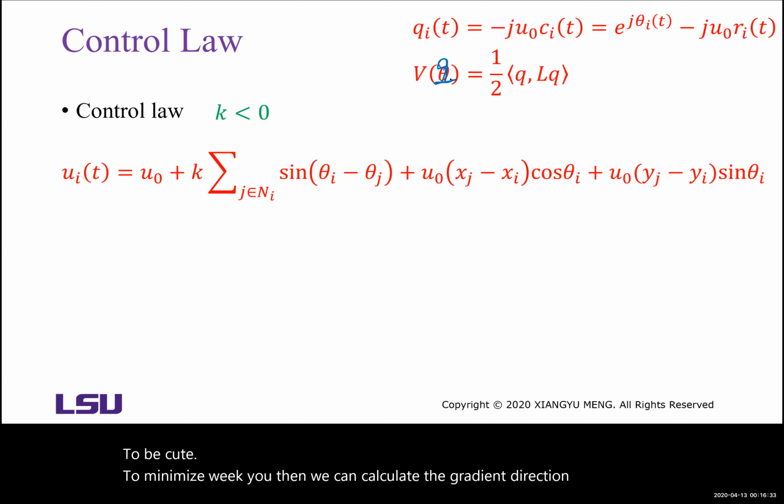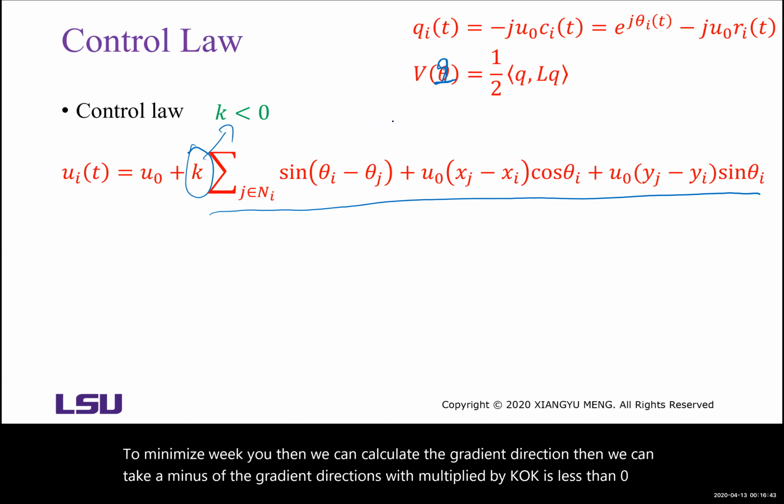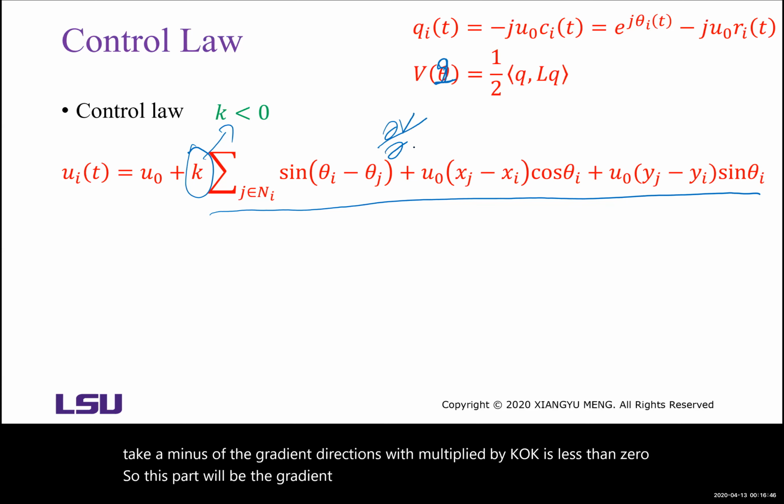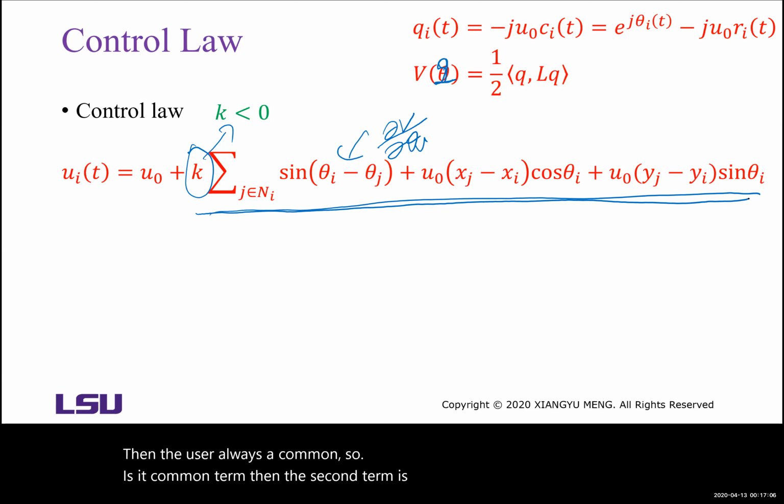Then we can take a minus of the gradient direction, so we multiply by the gradient direction, say partial V, partial theta I. Then the U0 is a common term. Then the second term is to achieve the consensus part by considering neighbors information.